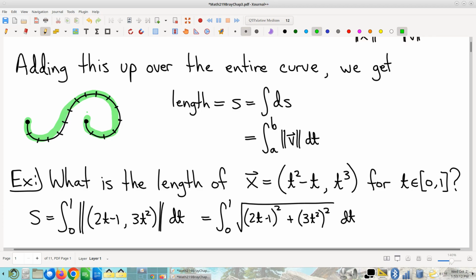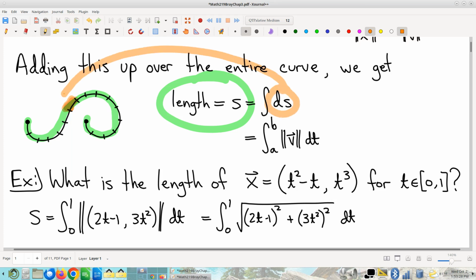Let's talk about how to compute the total length of a parametric curve. There you go, the entire parametric curve. How would you compute the total length? Well, a pretty reasonable take would be to say, let's look at some little piece of the parametric curve, right?